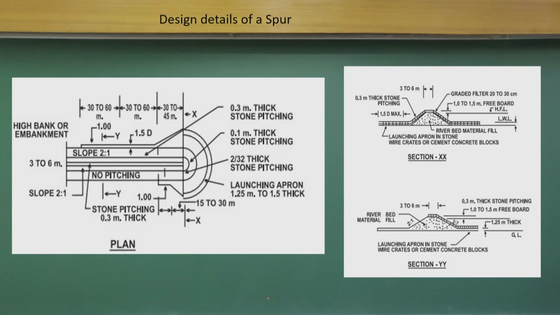Now, typically a spur is an embankment structure, and more details about the design of spurs are available in the IS code. Here I am just showing graphically that a spur will have this type of cross section: the embankment with stone pitching on the front, upstream side as well as the downstream side.